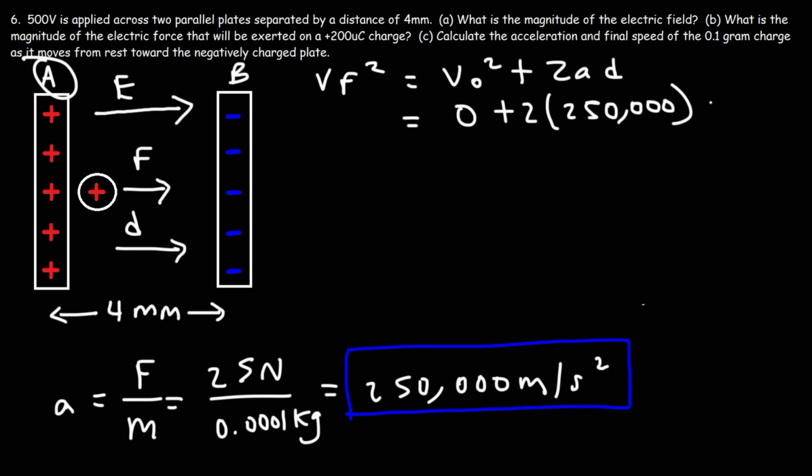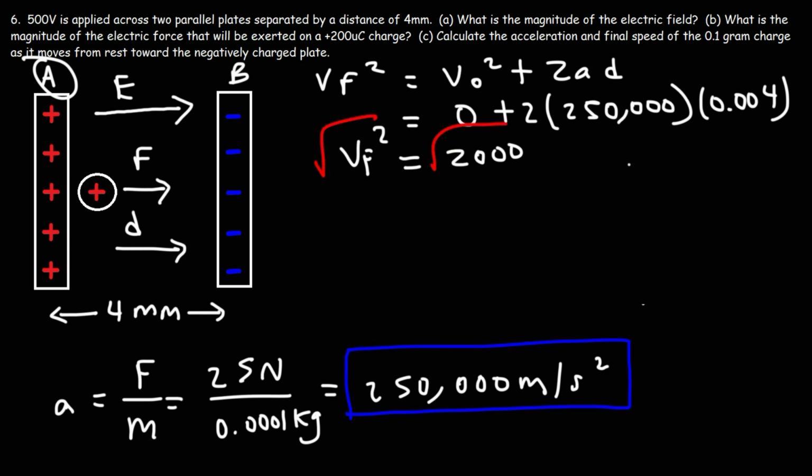It's 4 millimeters, or 0.004 meters. 2 times 250,000 times 0.004, that's 2,000. So now we could take the square root of both sides. The square root of 2,000 is 44.72. So the final speed is going to be 44.72 meters per second.